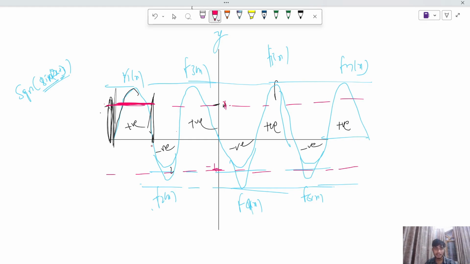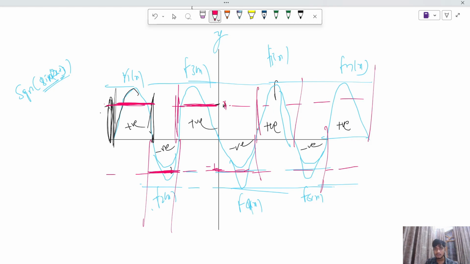And this is negative, right? So in this range it is minus 1, a constant line. The value is constant, and the same here: a straight line at this range, this range, this range.